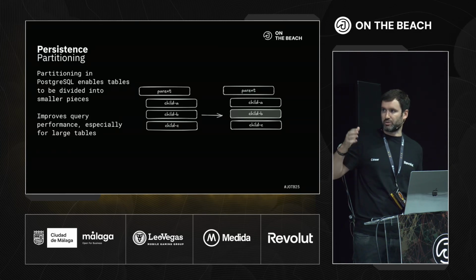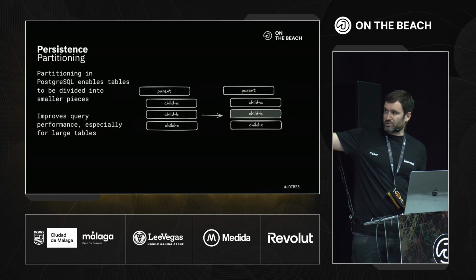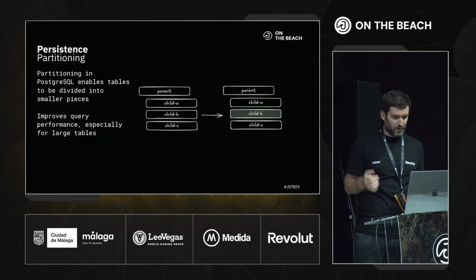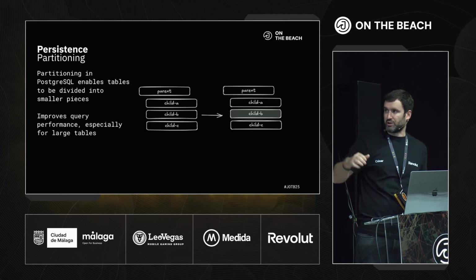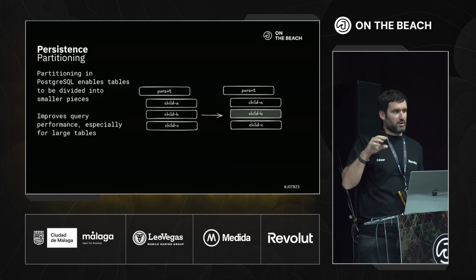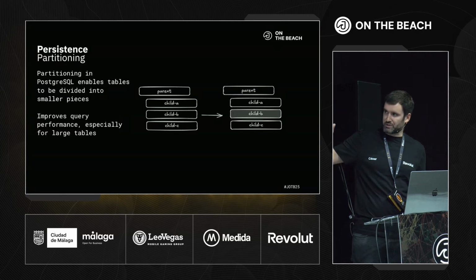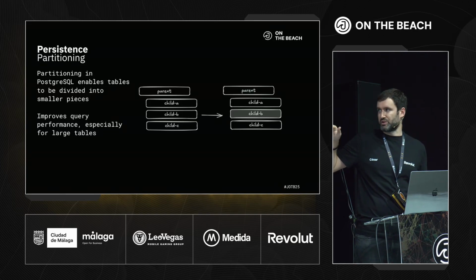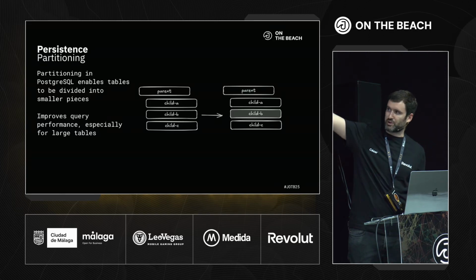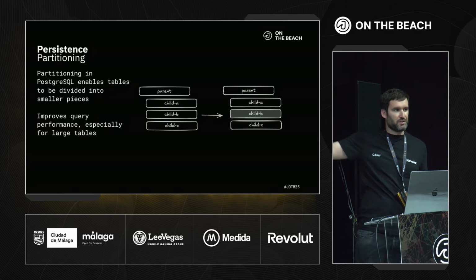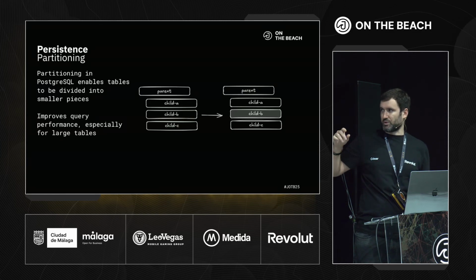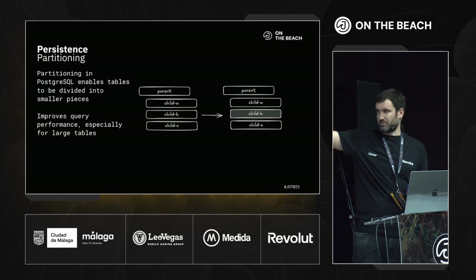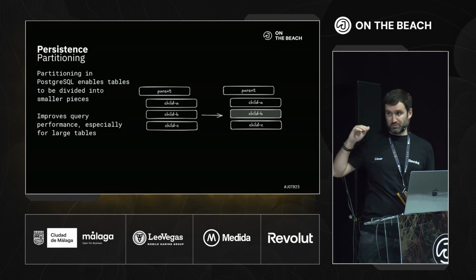Whenever you have a set of tables, Postgres has this concept of predicate pushdown, basically partition pruning. So for the table that you're actually querying, Postgres is able to know for a given record where the data is located, and based on that, it will only issue the query into that specific table. For example, if we have three tables under a parent table, and from the query perspective we know that only the child B table contains the data, Postgres will only issue the query there.